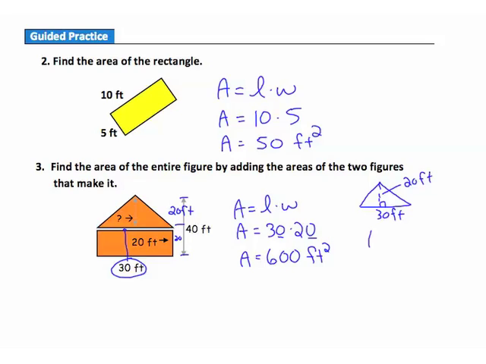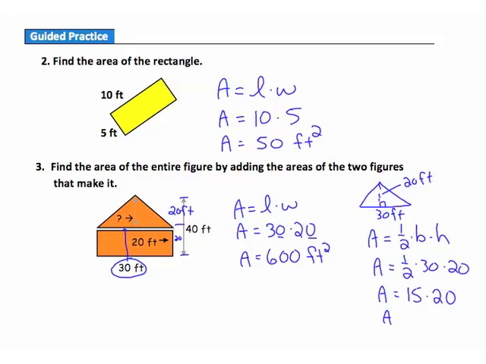So now let's go ahead and calculate its area. 1/2 base times height. So 1/2, the base in this case is 30 feet. The height is 20 feet. 1/2 of 30 is 15. And we're going to multiply that times 20.